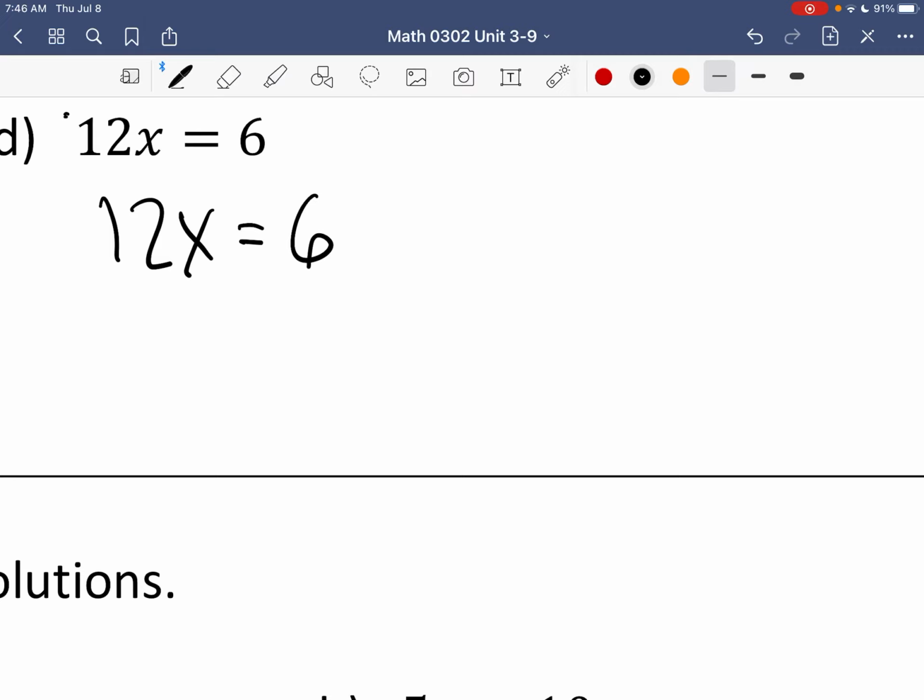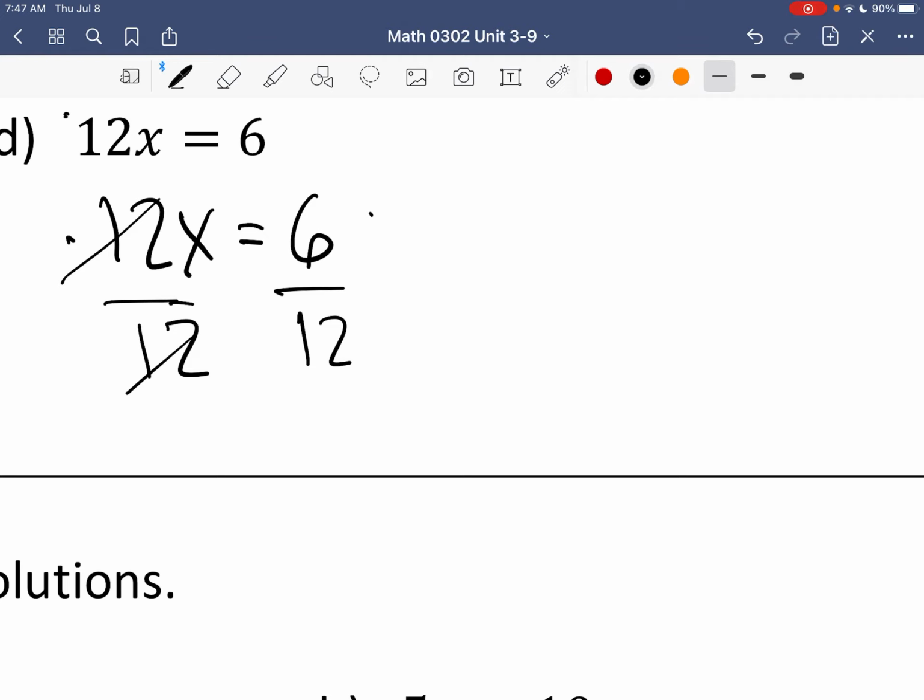So on the left-hand side, we need to divide this term by some number such that x is left by itself, and that number will be 12. And then for the equality portion of the statement, whatever we do to one side of the equation, we must do to the other side. In this case, we divide by 12.